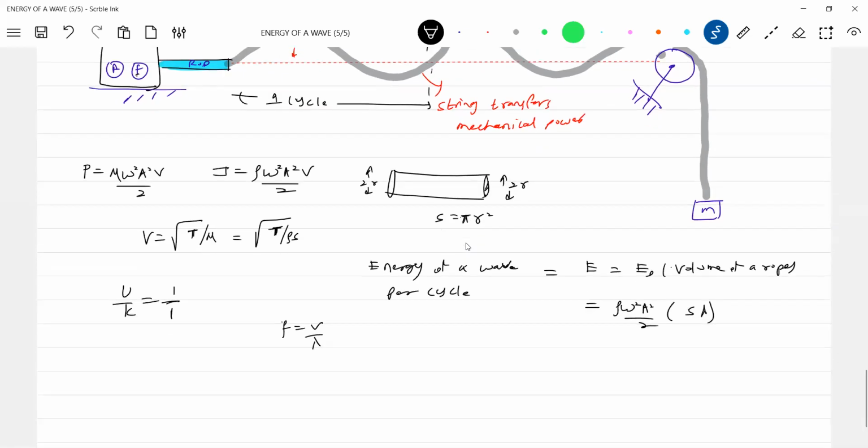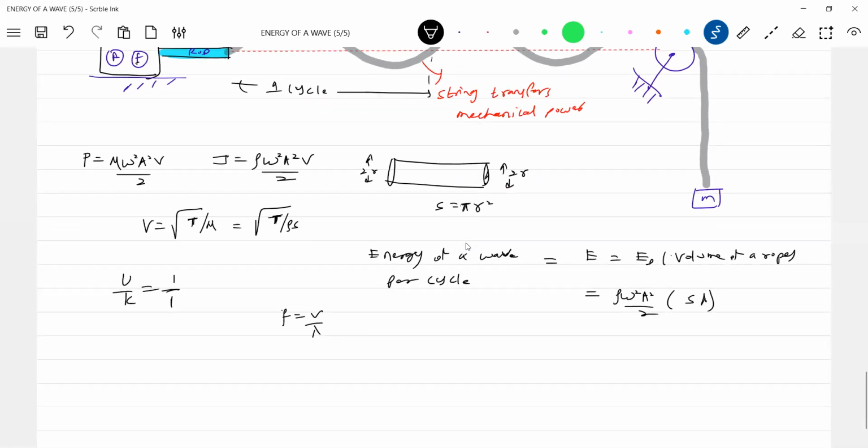Further, you can write v equal to f lambda. Further f you can write as omega by 2 pi. Let me write those things. Omega equal to 2 pi f. So therefore, in place of f, what can we write? Omega by 2 pi. In place of v, what can we write? Omega. In place of lambda, what can we write?